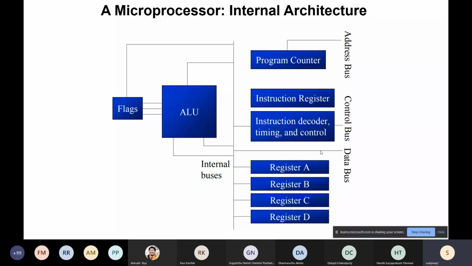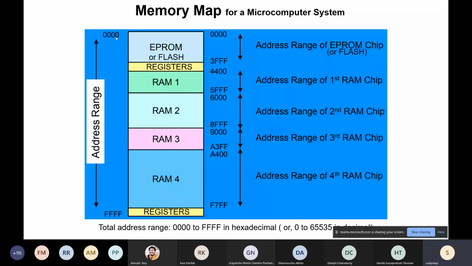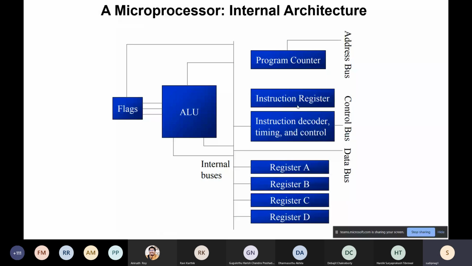Let's say the first instruction value that came has an adjacent value, like at 0001. In the memory location we have read 0000, and at 0001, the second location, there must be data which is required as part of the first line of this instruction or program. So the timing and control requires the second byte information as well.